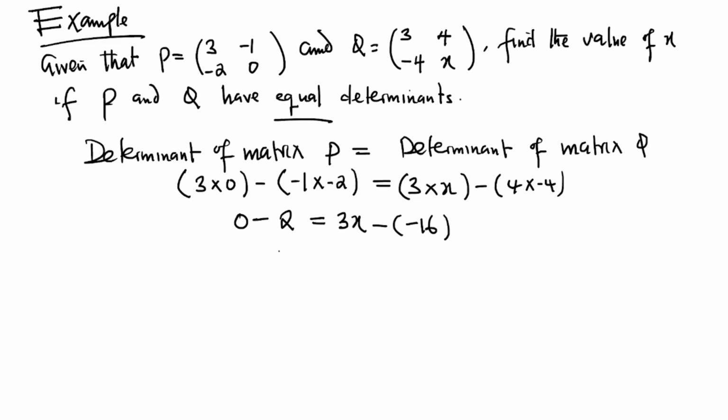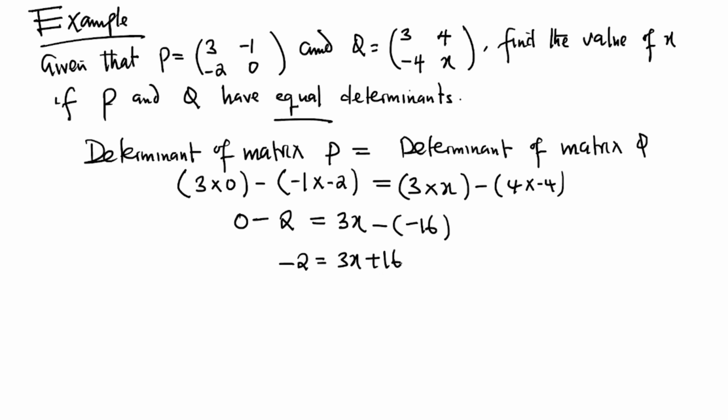So 0 minus 2 means -2 there being equal to 3x. Negative and negative is giving us a positive 16 there. So you put the like terms together. We are told that whenever a number crosses an equal sign, the sign of operation changes. If it was a negative, it's going to be a positive, and if it was a positive, it's going to be a negative.